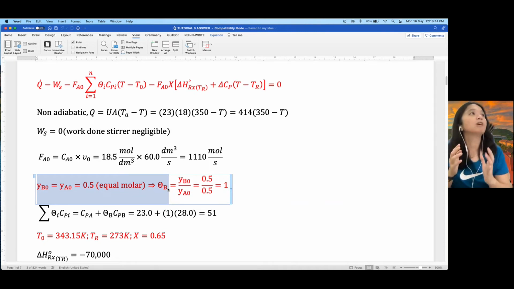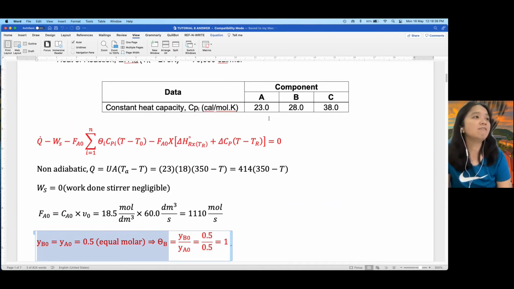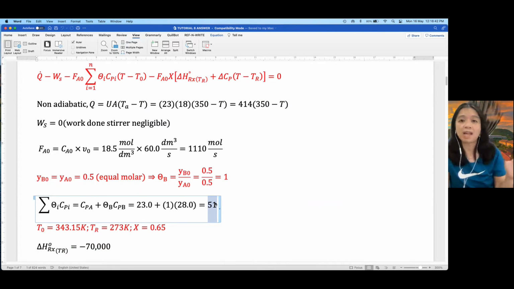We know the initial mole fractions, we have 50% A, 50% B, meaning YA0 is 0.5 and YB0 is 0.5. So theta B will be YB0 divided by YA0. 0.5 divided by 0.5, you get 1. So theta B is 1. You multiply with CPB, which is 28, again from the table. Hence, you get the summation of theta I CPI as 51. So done on theta I CPI.